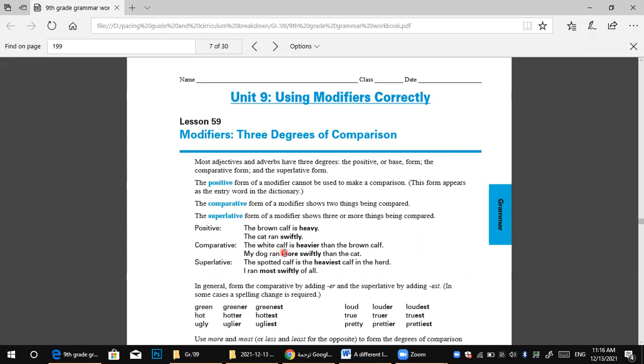The white calf is heavier than the brown calf. In heavier, we omit the letter Y and put I instead of it.